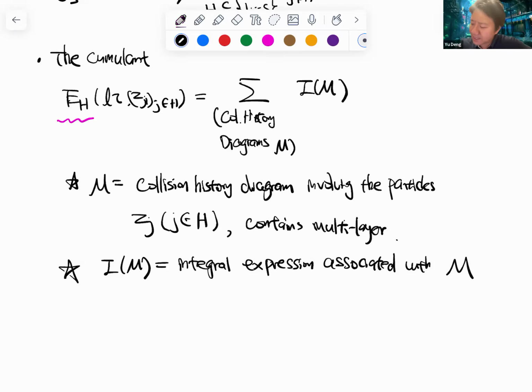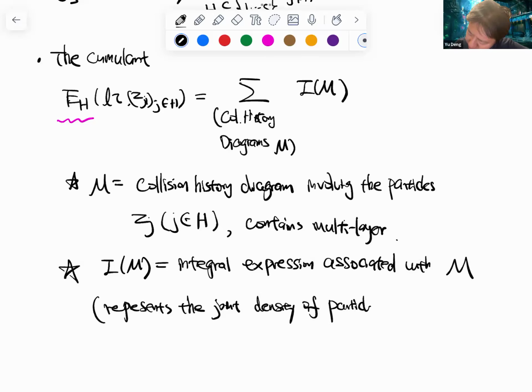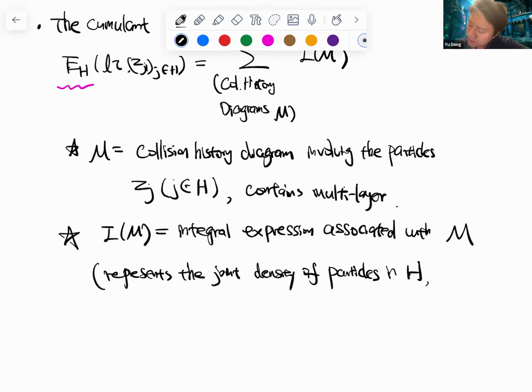And then this I_M also represents basically the joint density of particles in H.